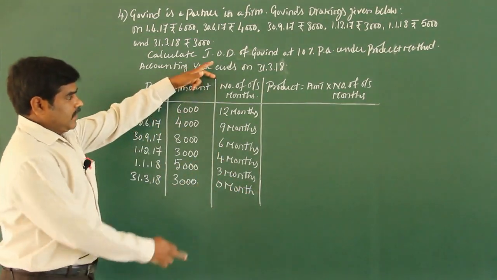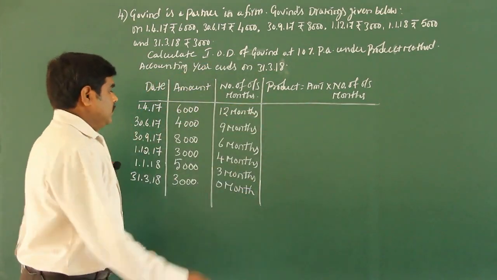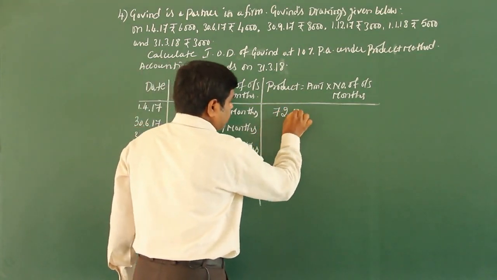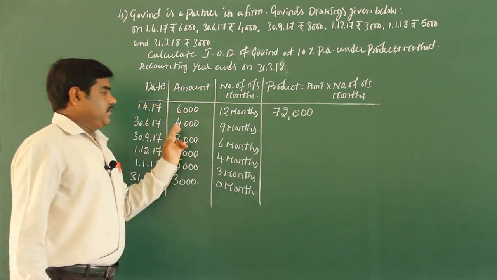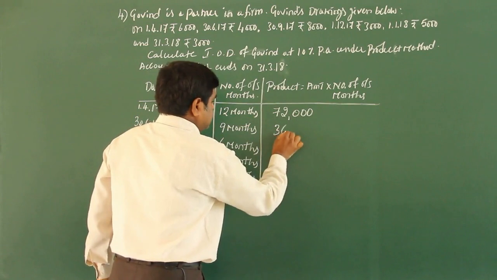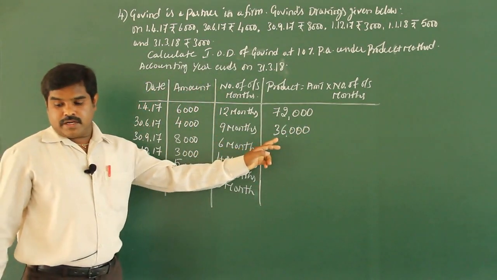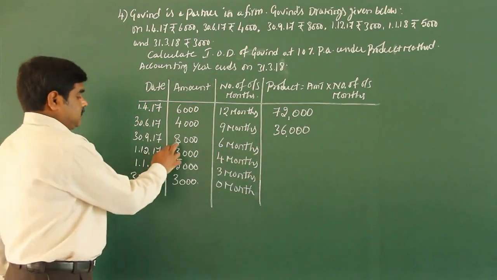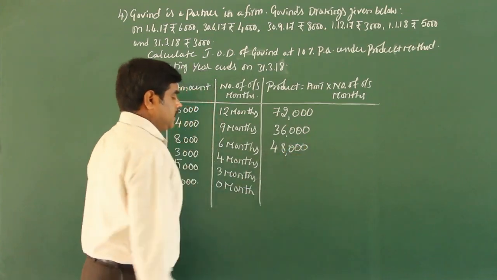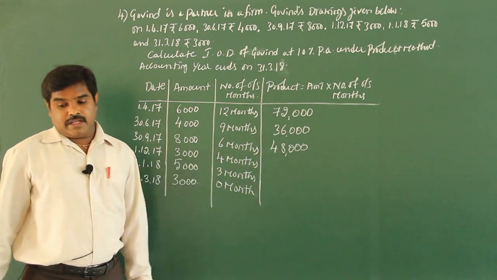So now, after calculating the number of outstanding months, multiply with the amount to get the product. 6,000 into 12, 72,000. 4,000 into 9, 36,000. 8,000 into 6, that is 48,000.